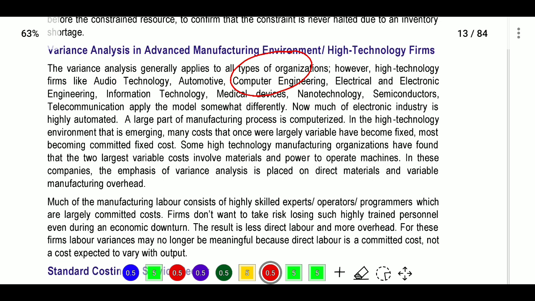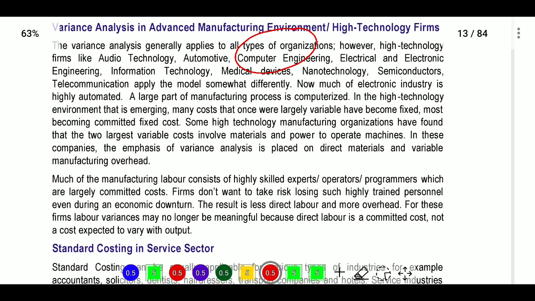Some high technology manufacturing organizations have found that only two large variable costs are involved, material and power, which are needed to operate the machines when using computers.